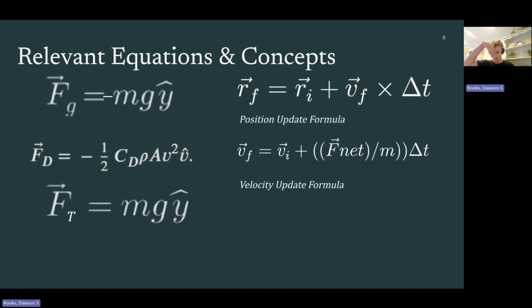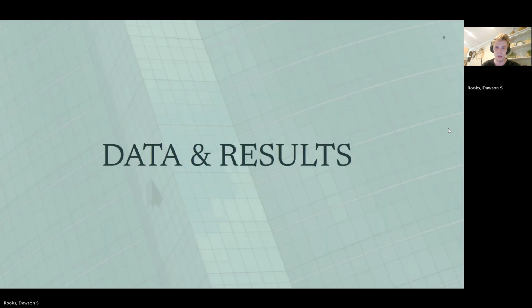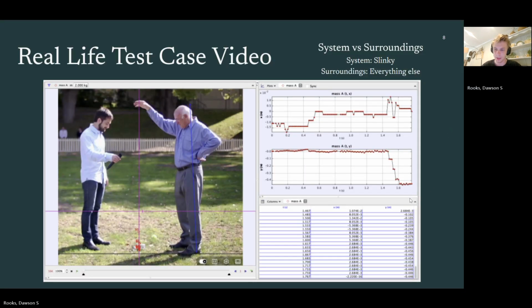At the same time, tension is going to point the exact opposite way, and depending on how far along we are in the experiment, it will either be equal to the force of gravity or it will be less than or equal. And then here is the force of air resistance, drag specifically, which again does play a part, but isn't the most important.